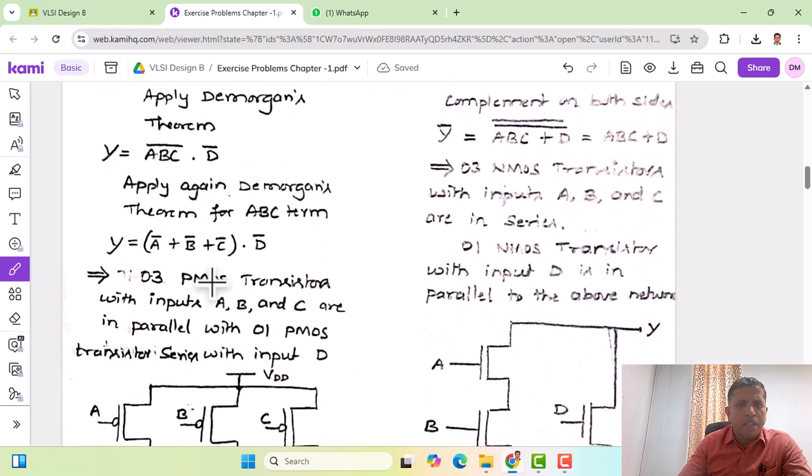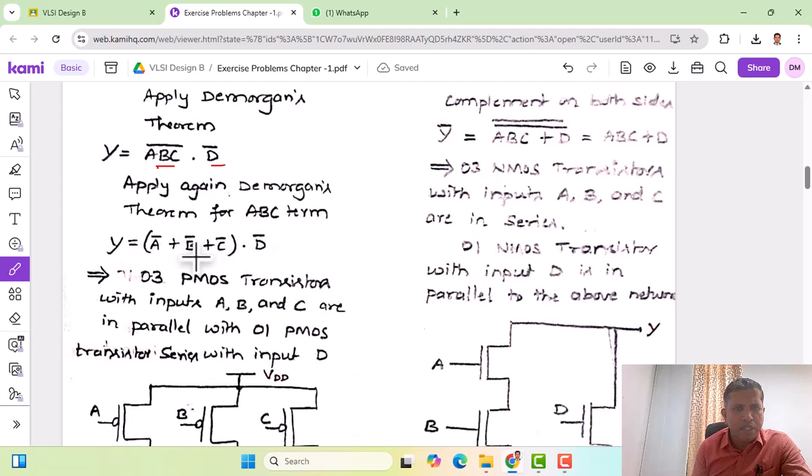So applying De Morgan's theorem again to this expression, we apply it to the first term especially. In this term, D bar, the variable is already in the complement form, so there is no need to apply De Morgan's theorem to it. Applying it to the first term gives you A bar plus B bar plus C bar. Here it is a dot, so that becomes plus here. Dot D bar is kept as it is, and this shows that the pull-up network is made up of 4 transistors in total.